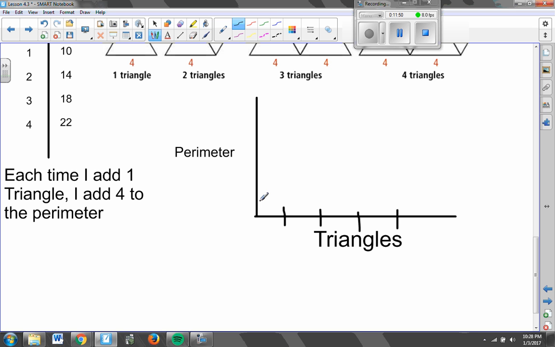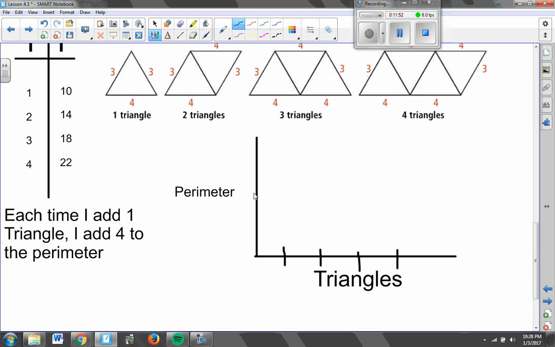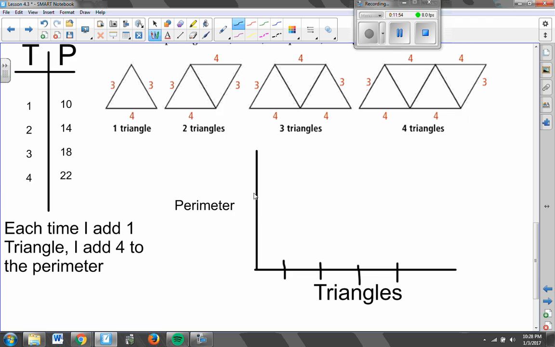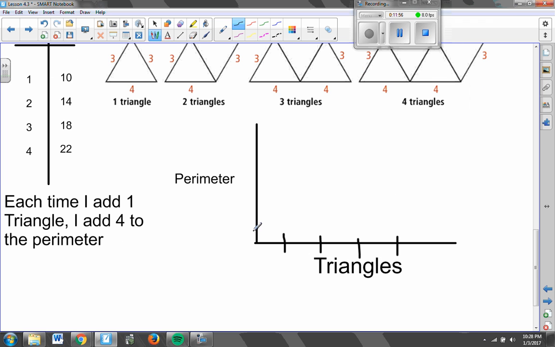And then up here, let's see, how high do I need to get? Up to 22. So again, I'll count by 2s. 2, 4, 6, 8, 10, 12, 14, 16, 18, 20, 22.